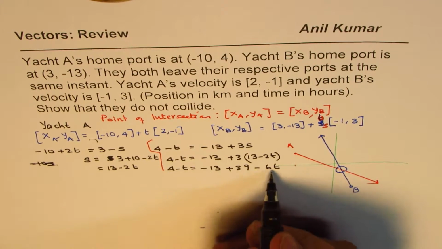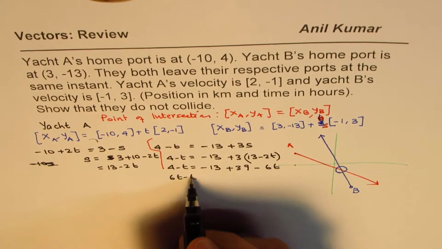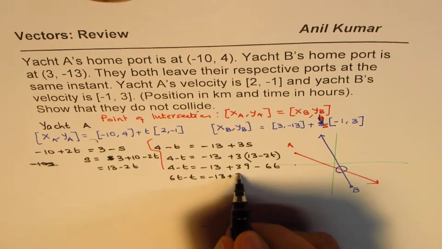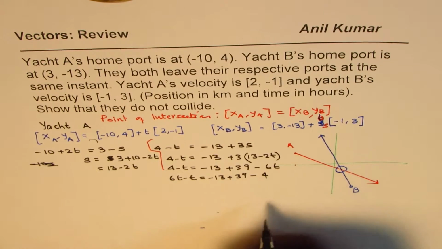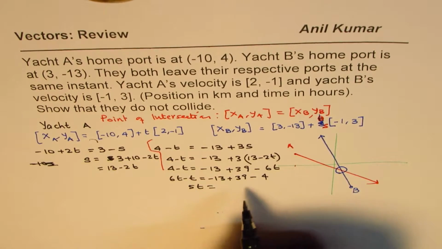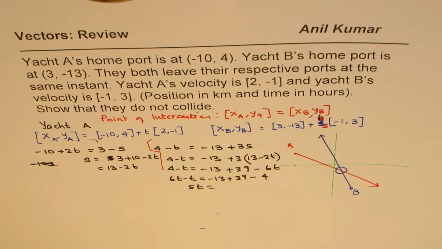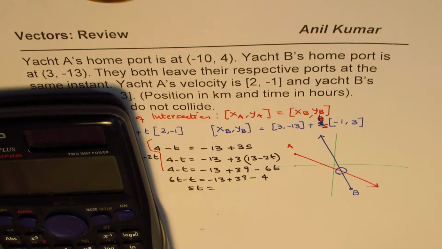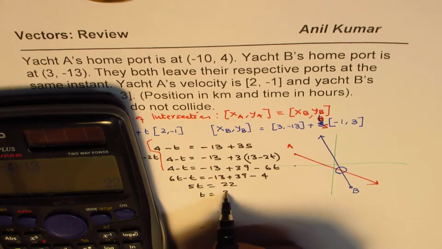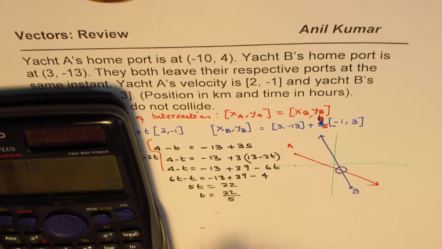Bringing t's together, 6t minus t equals, bringing 4 to that side, minus 13 plus 39 minus 4. So 5t equals 22, so t is equal to 22 over 5.